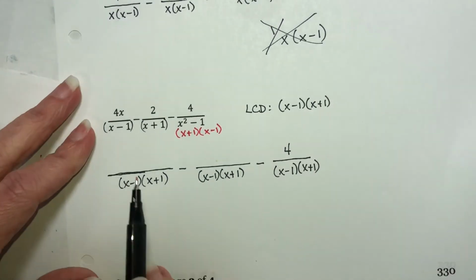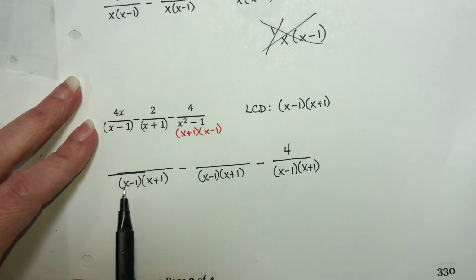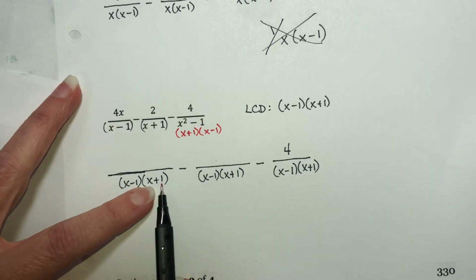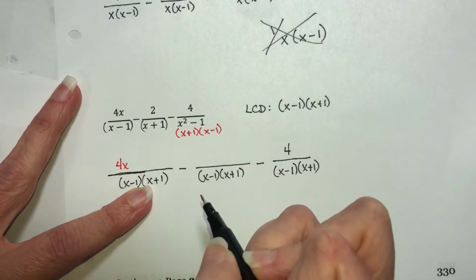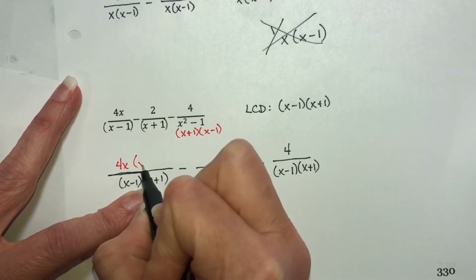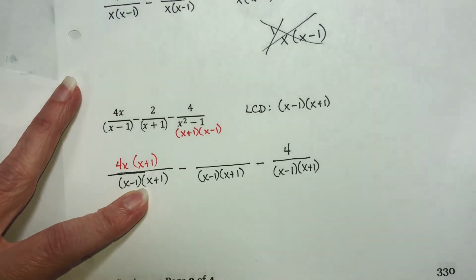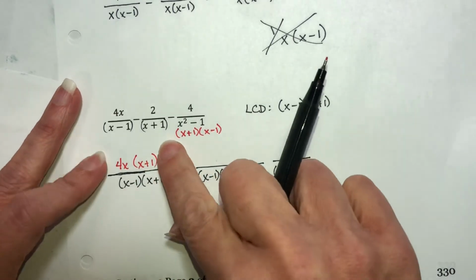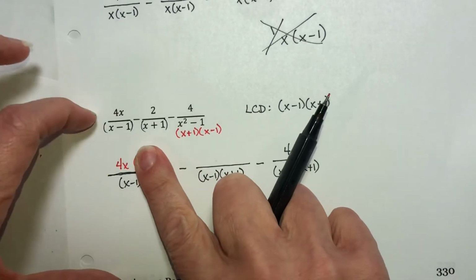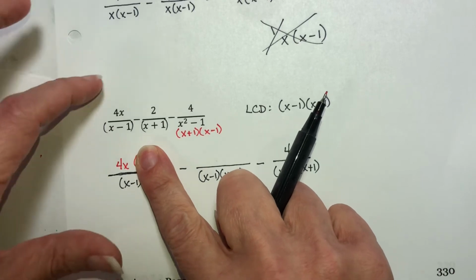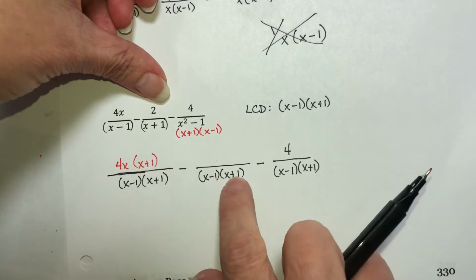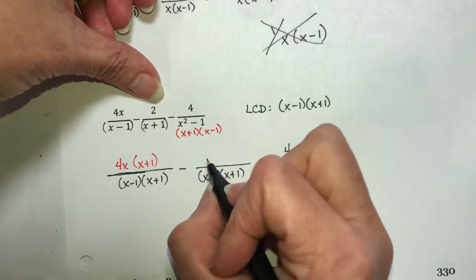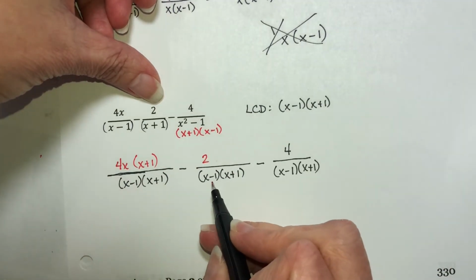Now from here to here, I had the x minus 1 already. It's been multiplied by an x plus 1. So I need to take that 4x that's in the top and multiply it by an x plus 1. If you look at this fraction alone, you could reduce it and go back to here. So these are equivalent fractions. Now something similar happens right here. I had the x plus 1 already, so I need to take that 2 and I need to multiply it by an x minus 1.